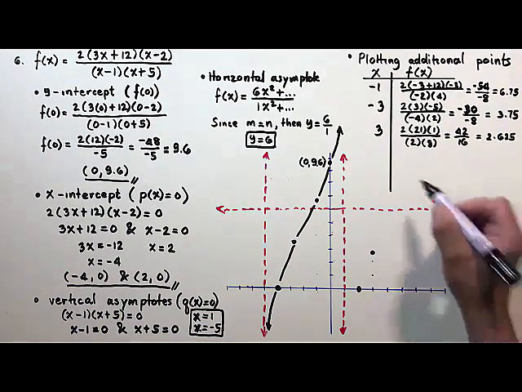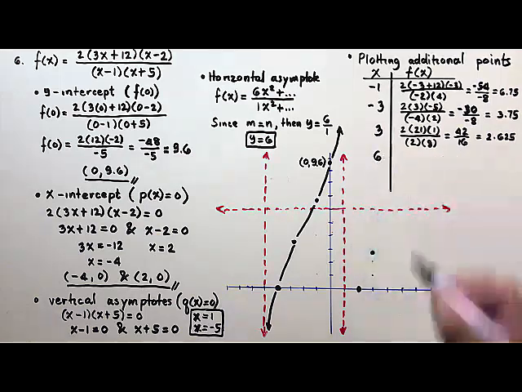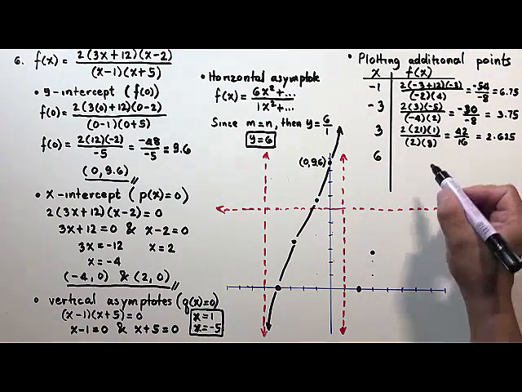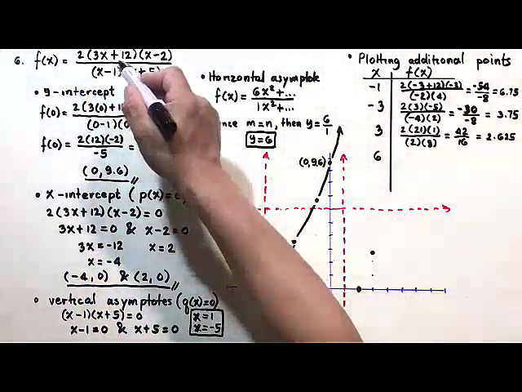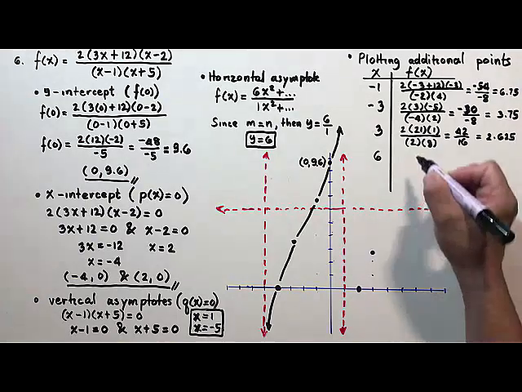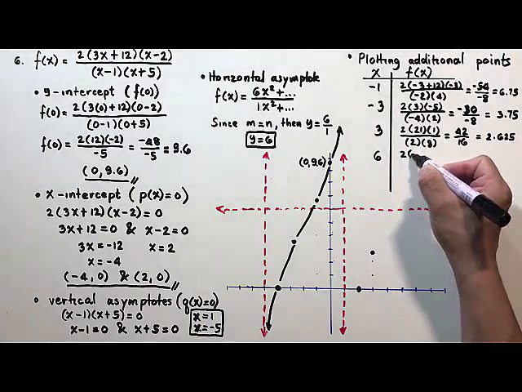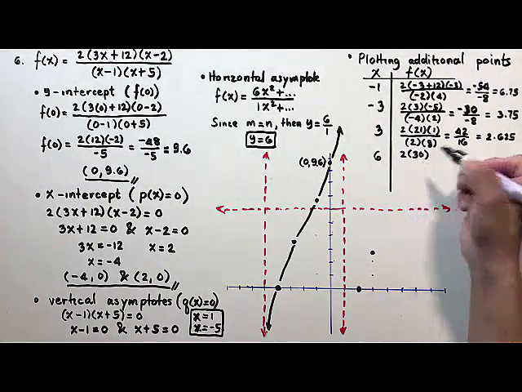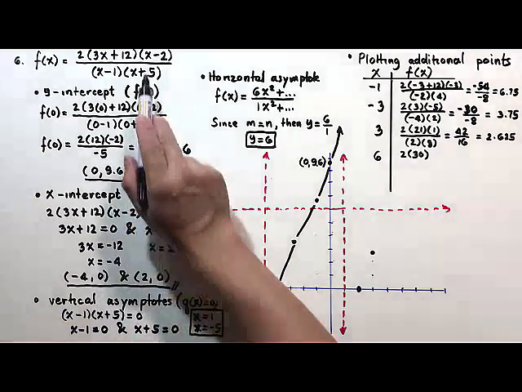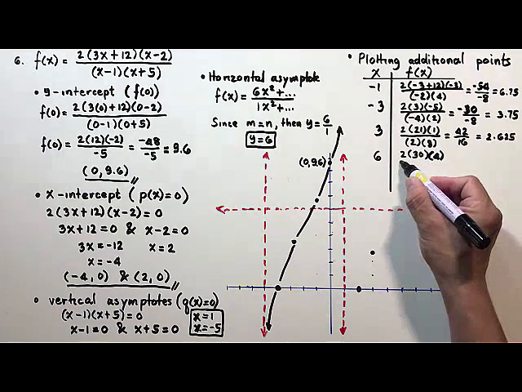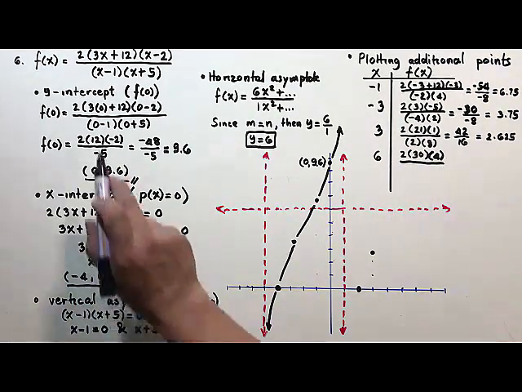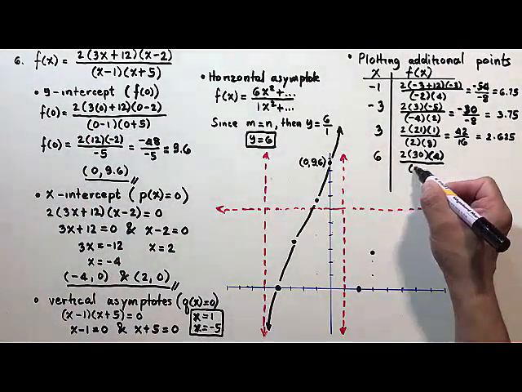And again, I want to see when x equals 6. Let's try here. When x equals 6, 3 times 6 is 18. And 18 plus 12 is 30. And that will be multiplied by 2. So 2 times 30. And when your x is 6, 6 minus 2 is 4. And this will be divided by 6 minus 1, which is 5.